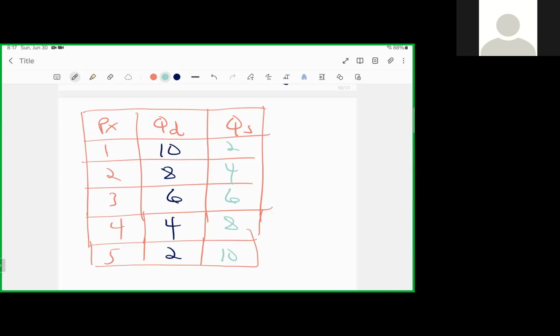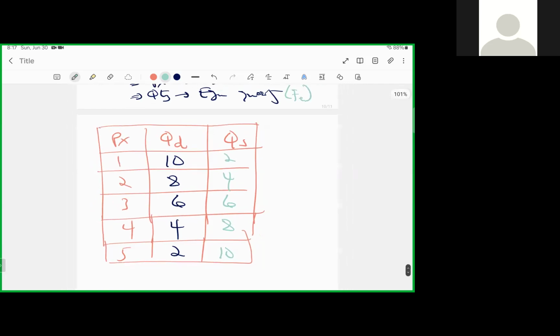So in this particular case, you will realize that the only place where demand is equal to supply is this particular place, where the quantity demanded is equal to supply.